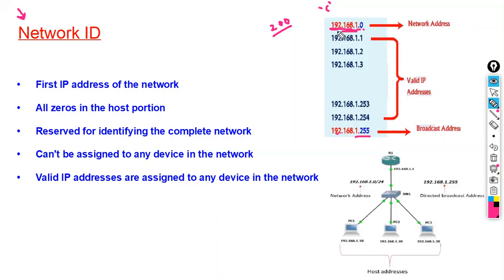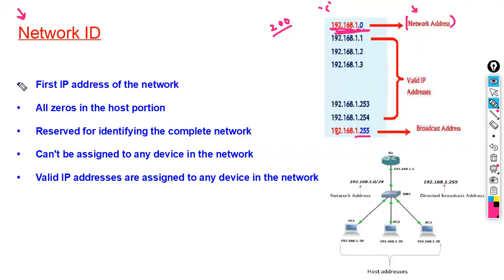So this is the first IP address of the network, and it is called the network ID or network address. And guys, this network ID we can't configure to any device. The first IP address of the network we can't configure.